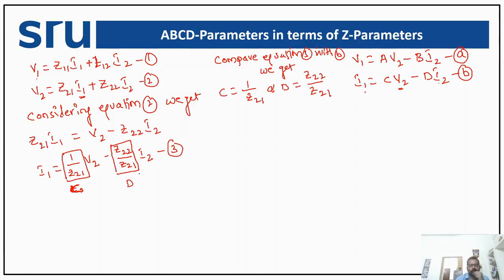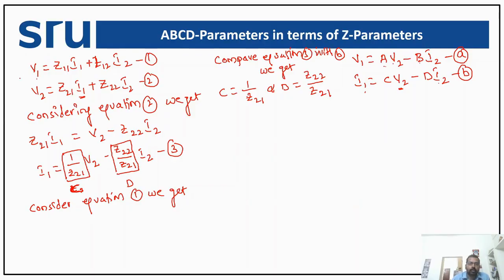Now let us consider equation 1. We require A and B; in terms of Z parameters, we already got C and D. If you observe equation A, we have two voltage terms and one current term.